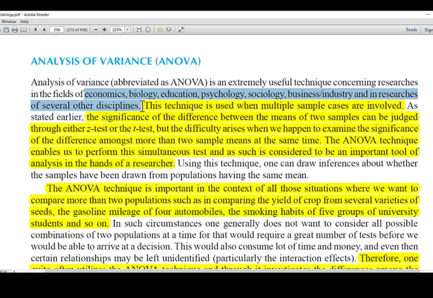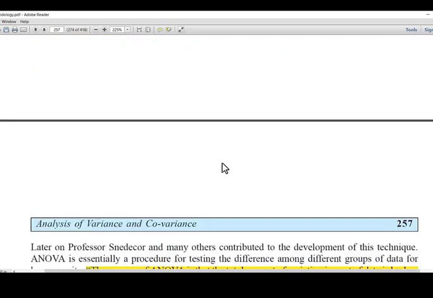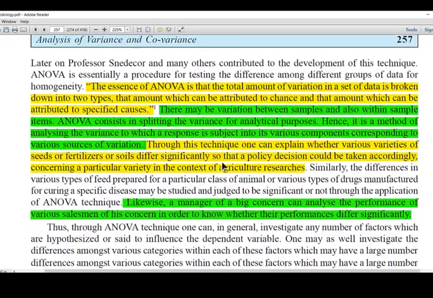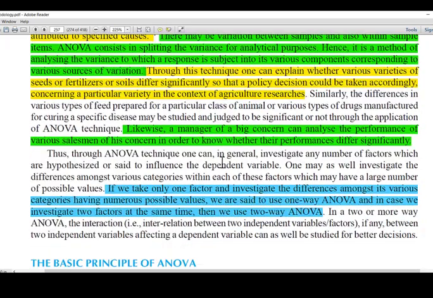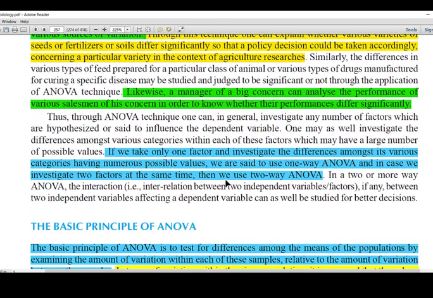In this session, let us try to understand how we conduct ANOVA by means of certain examples. In ANOVA, we have one-way ANOVA, two-way ANOVA, three-way ANOVA, or we can say more-way ANOVA.